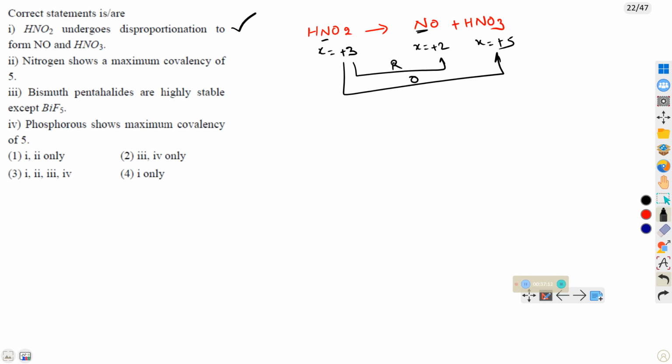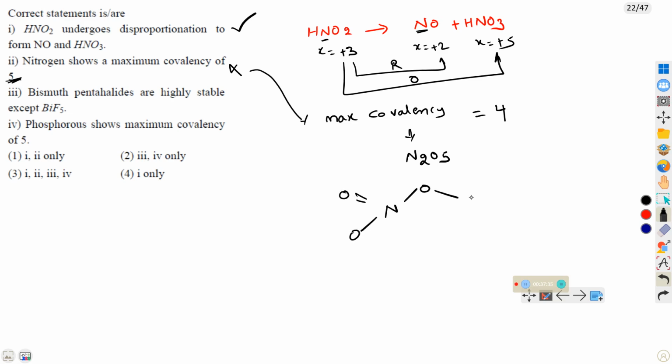Nitrogen shows maximum covalency 5. Wrong. Maximum covalency of nitrogen is equal to 4. How? In which molecule? In N2O5. N double bond O, single bond O, O, nitrogen double bond O, single bond O. Not 5. Nitrogen shows maximum covalency 4 only.